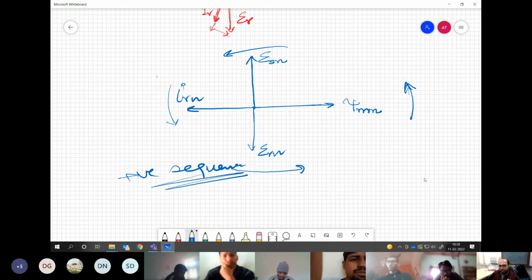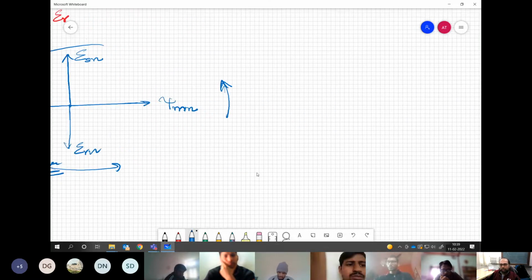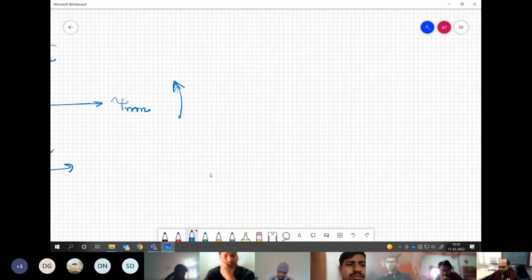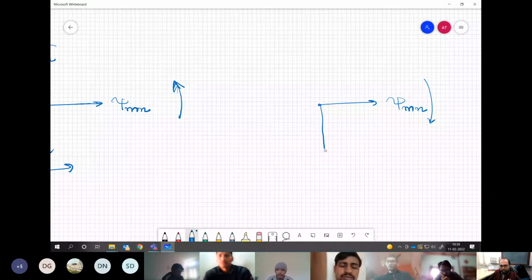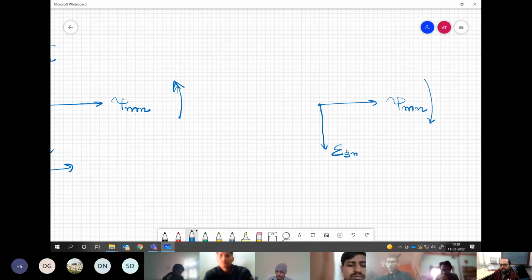If you have negative sequence of voltages, then what will happen? Again, keeping the flux on the same line, if this is the flux, now this is going in this direction. Which means your applied voltage ES will be along this direction, because this psi m has to lag ES by 90 degrees. So ES will be leading this, and ER will come here and the current will come here.